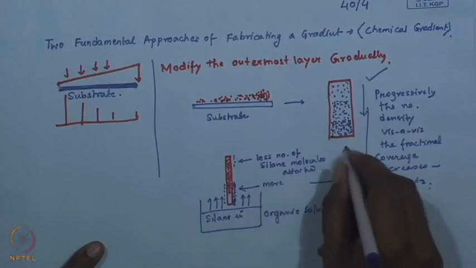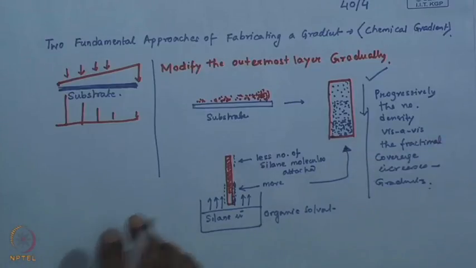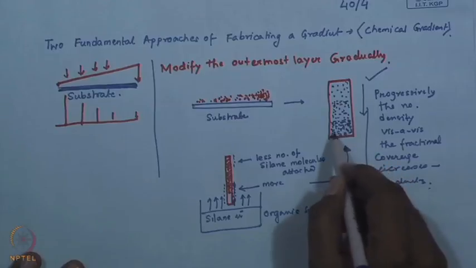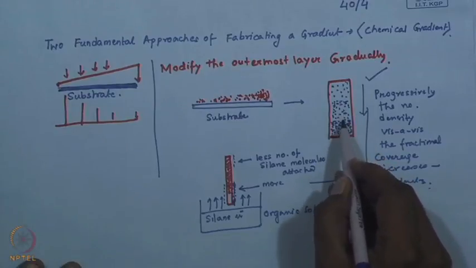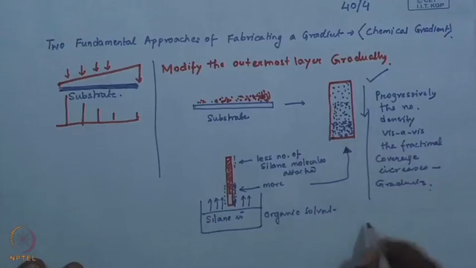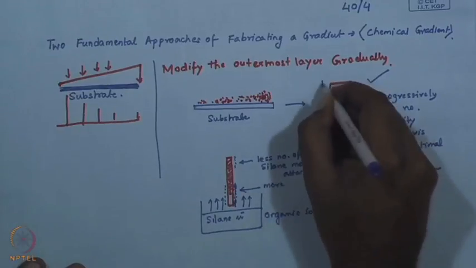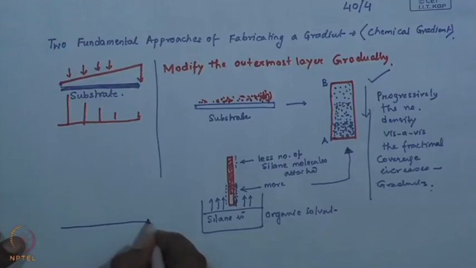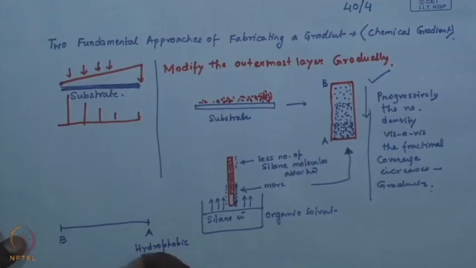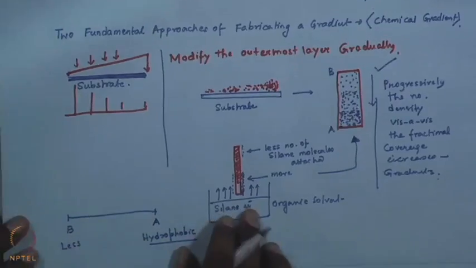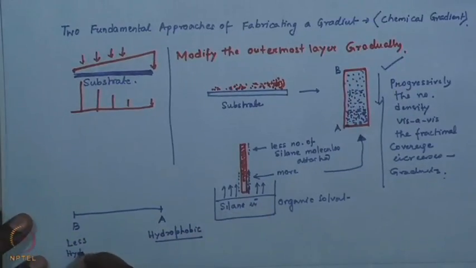So, this resulted in a system like this. Let us say the silanes were hydrophobic, so here the coverage was nearly complete, or it was more than a single layer, and here progressively the coverage reduced. So, if you now look at this sample, a simple glass slide, from the A end to the B end, here it is much more hydrophobic in nature as compared to a lesser degree of hydrophobicity at this end.